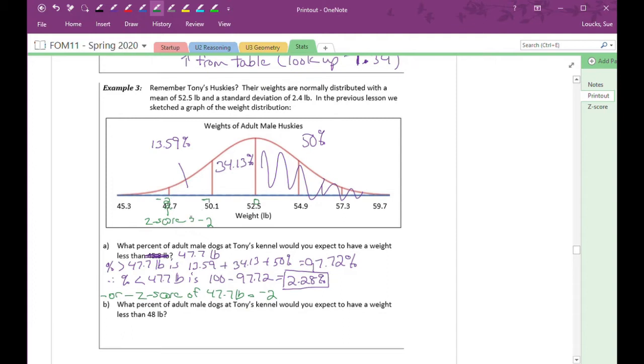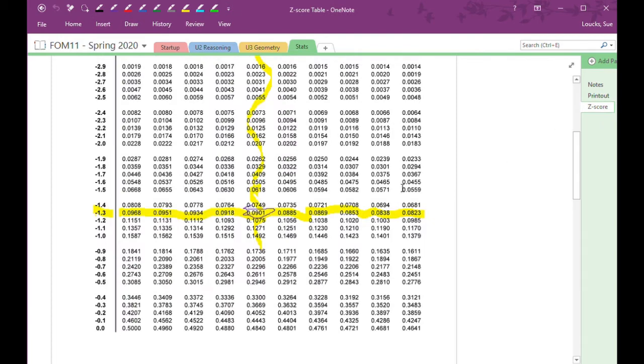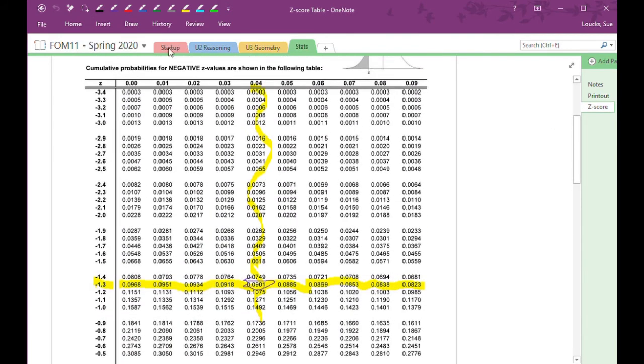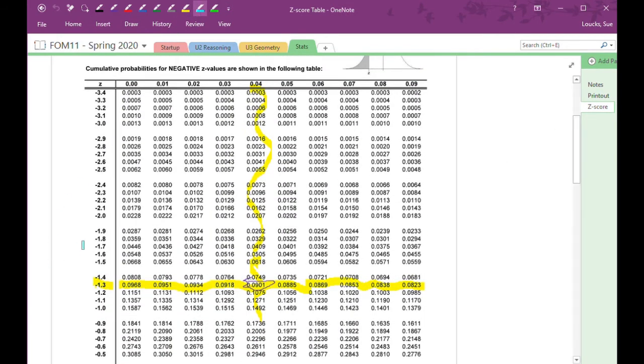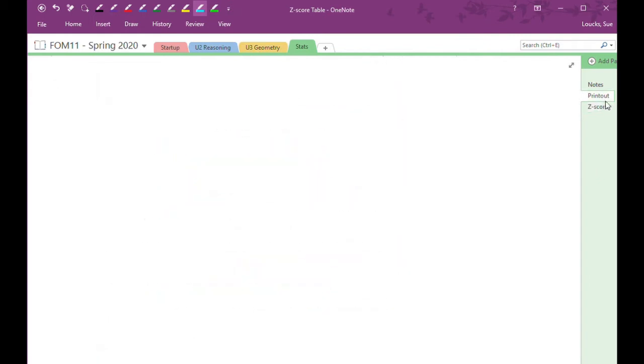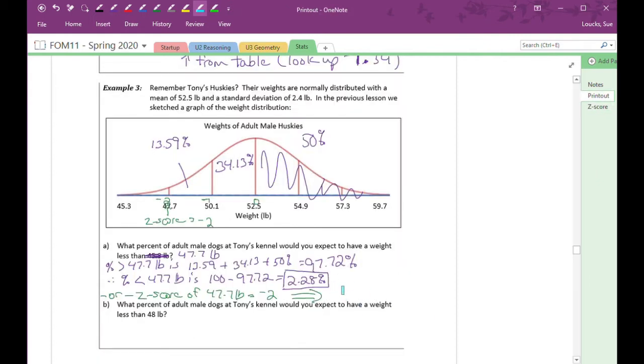It's how many standard deviations that is from the mean. Okay, so if we look up -2 in our z-score table, let's do this in a different color. It's negative 2.00 right there, and that's 2.28%. This is where I need to go. So you get the same answer.